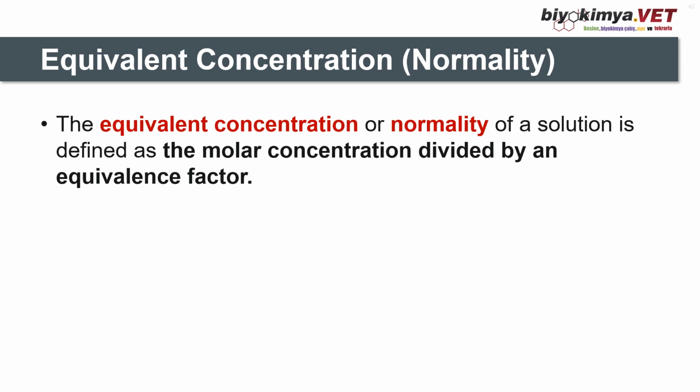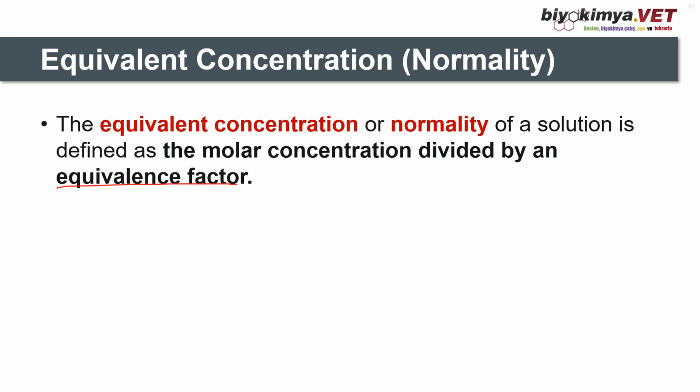And the third one, not the second, because the first one is percentage and the second one is molarity, is equivalent concentration, or the normality. The equivalent concentration or normality of a solution is defined as the molar concentration divided by an equivalence factor.